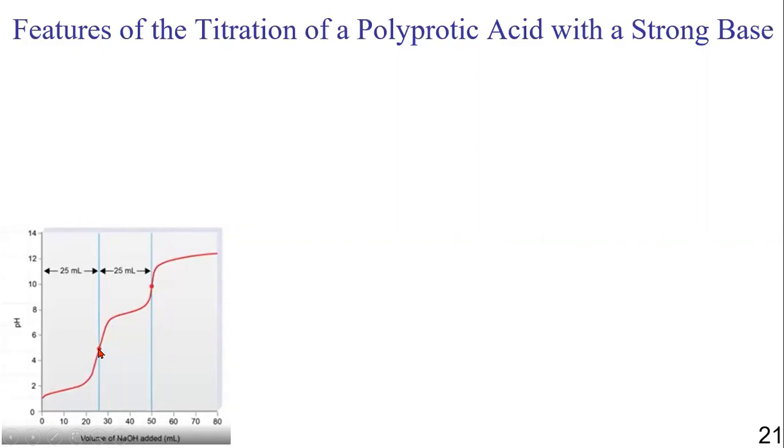Two, it's because I see pretty much two inflection points here, and I see two sharp, more or less, curvatures which indicate equivalence points. And this is a prominent shape of a diprotic acid diagram.